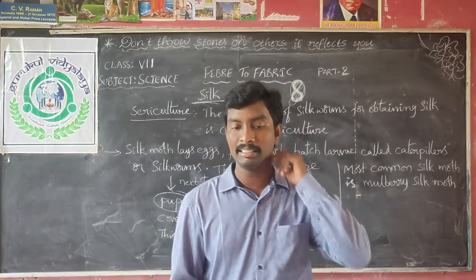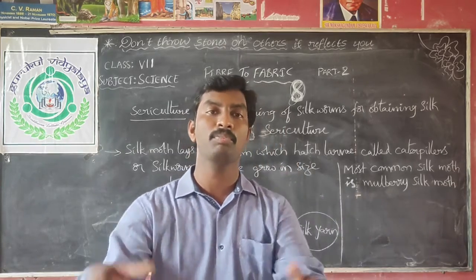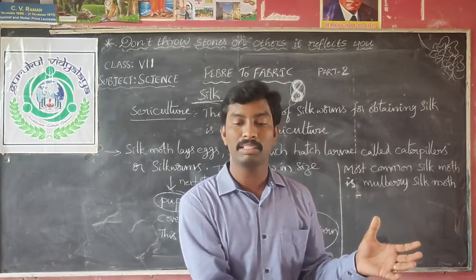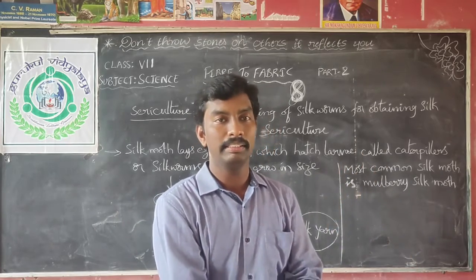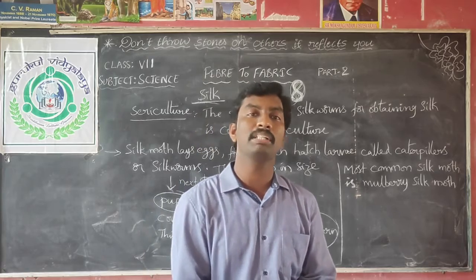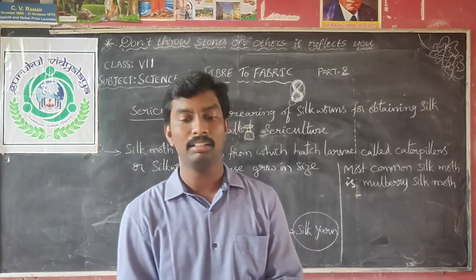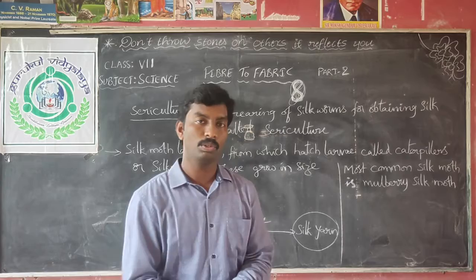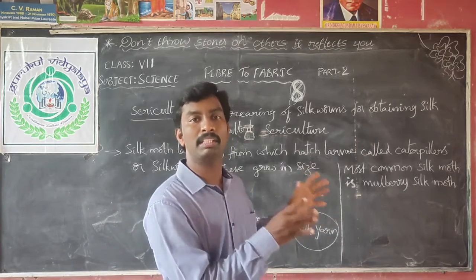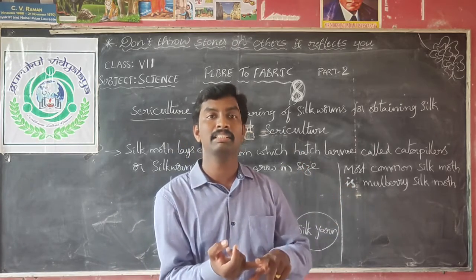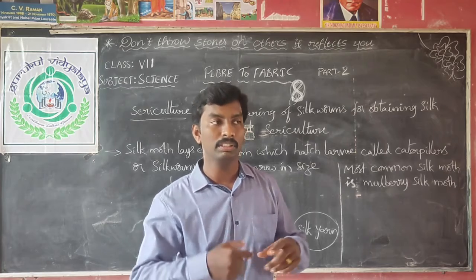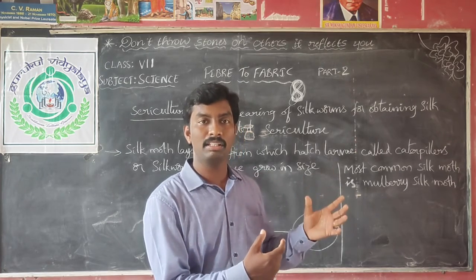Under these conditions, these eggs from the female silk moth are warmed to a suitable temperature for a larva to hatch from the eggs. So when they are kept in suitable temperature, hygienic conditions and humidity, these eggs will hatch into the larva.